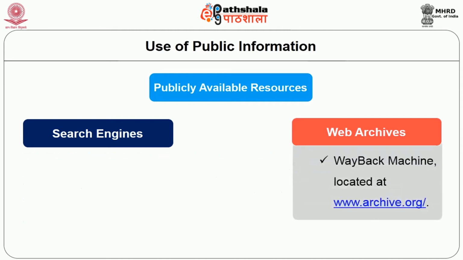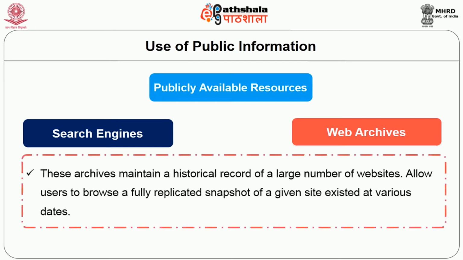There are also web archives such as the Wayback Machine located at www.archive.org. These archives maintain a historical record of a large number of websites. In many cases, they allow users to browse a fully replicated snapshot of a given site as it existed at various dates going back several years.